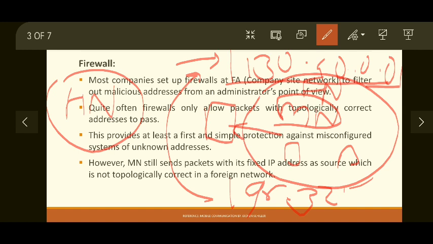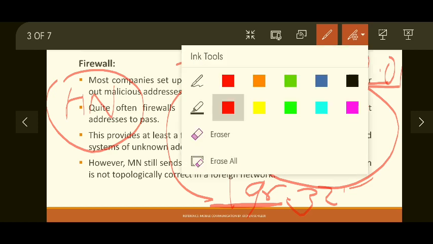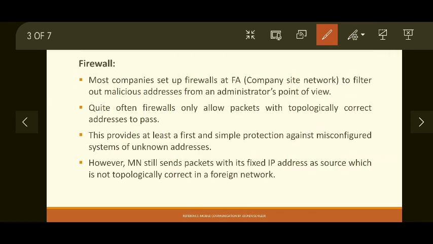As you can see, it is starting with 196 and this subnet is starting with 130. So that's why the firewall may cause an issue when a mobile node moves into a foreign network. The mobile node may not be able to send out any messages to a correspondent node which is outside the foreign network. Okay, this is the first issue.